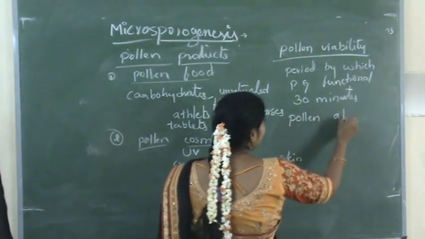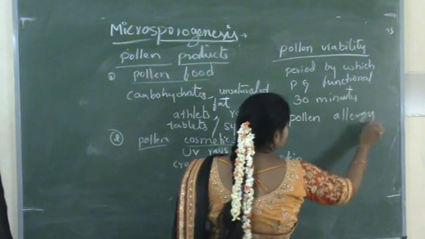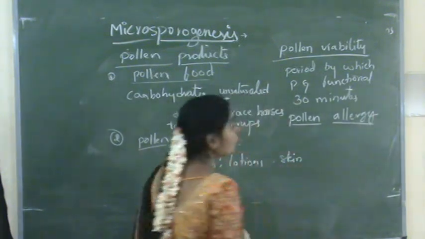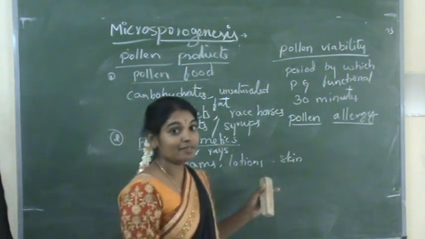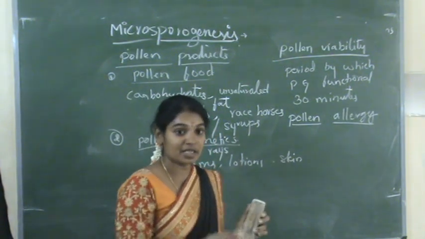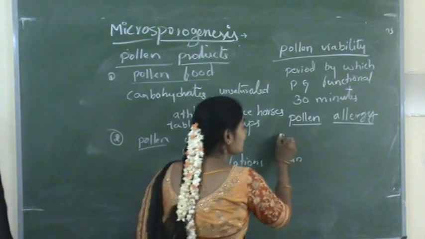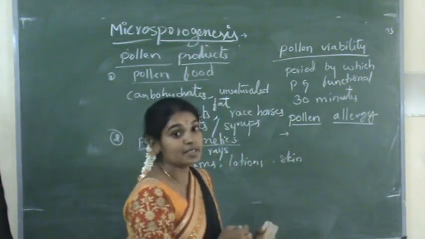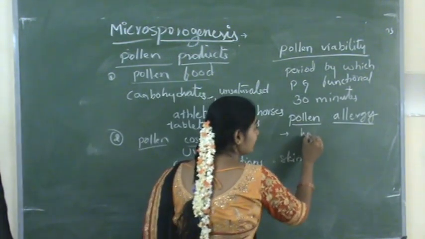And pollen allergy. Generally we know that when we touch pollen grains or they touch the skin of human beings, it causes allergy, and this allergy may become high fever.